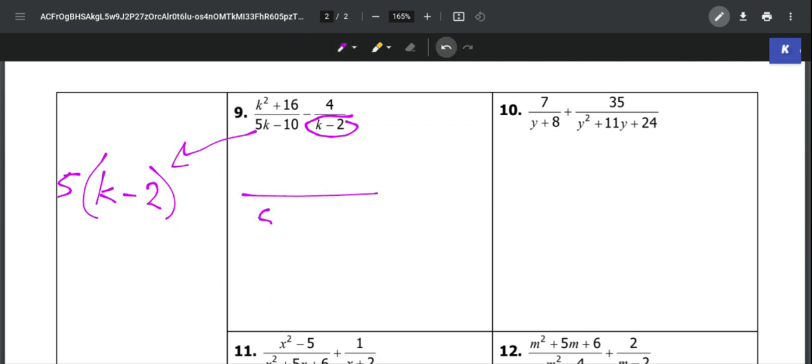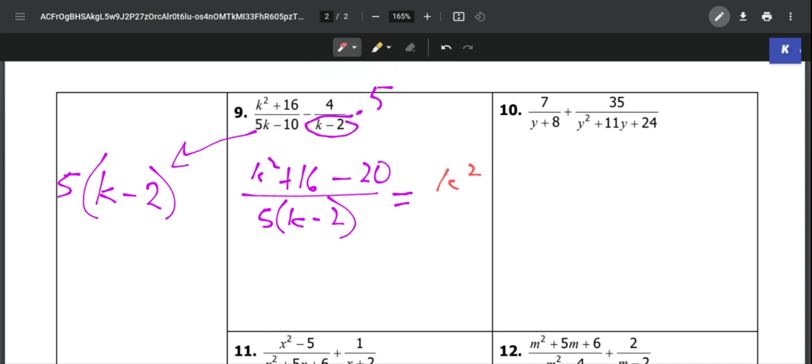If we just use that left side as our common denominator, the only thing we've got to add is to the right side. We need a times 5 over here. So we need to multiply 5 by the top of our fraction, and then we'll be good to go. So we'll bring down k squared plus 16 minus 4 times 5 is 20. Now all we've got to do is simplify this. So now we would have k squared, because there's nothing to add that to on the left.